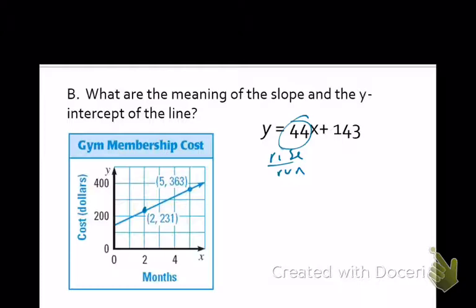Well, in the context of the problem, if we rise 44, that means the cost is going up by $44. So the slope says that the cost increases $44 for every run, one run. And one run is 1 month. So $44 a month must be the membership fee.